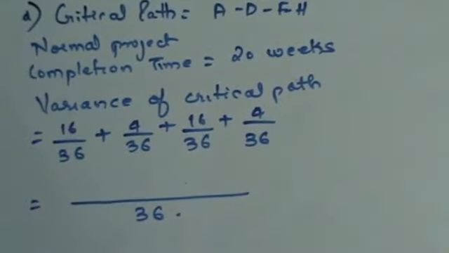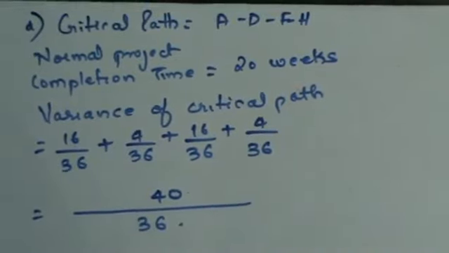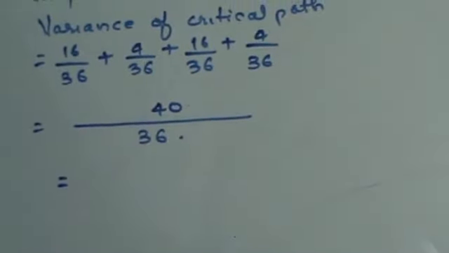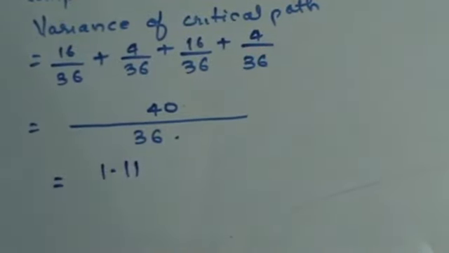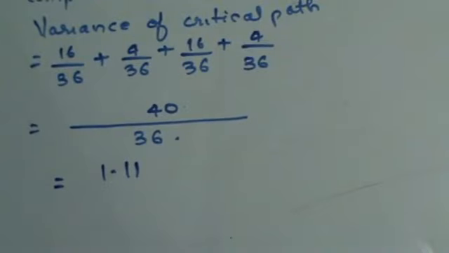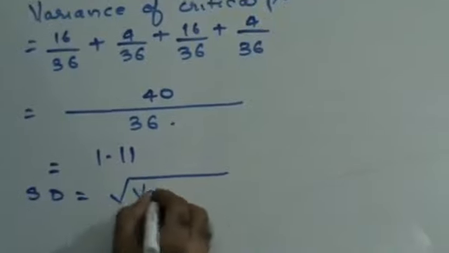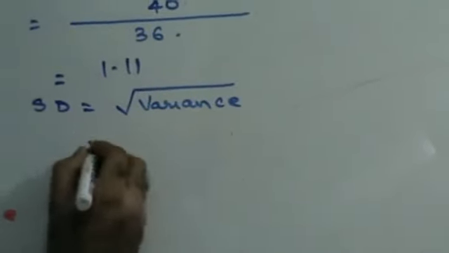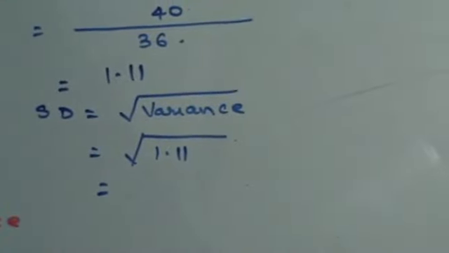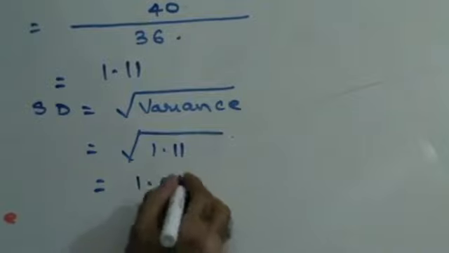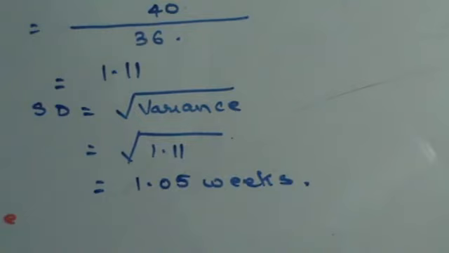Add all the numerators, 20 plus 20, this is going to be 40 by 36, which comes to 1.11. So my variance is going to be 1.11. Standard deviation is the square root of variance, square root of 1.11, which will come out to 1.05 weeks. So now my sum is ready for PERT analysis.